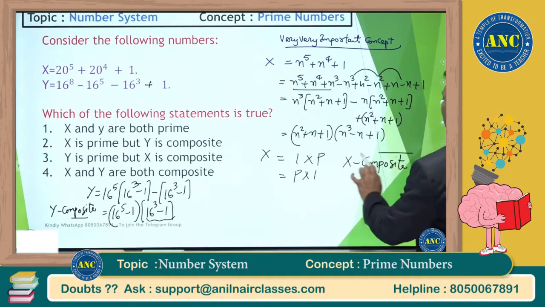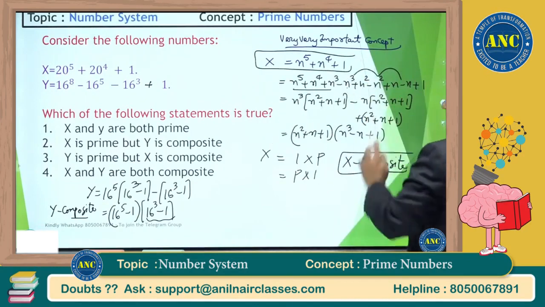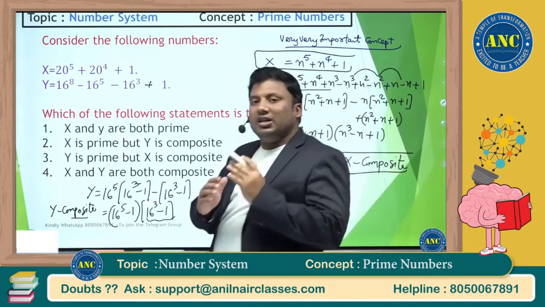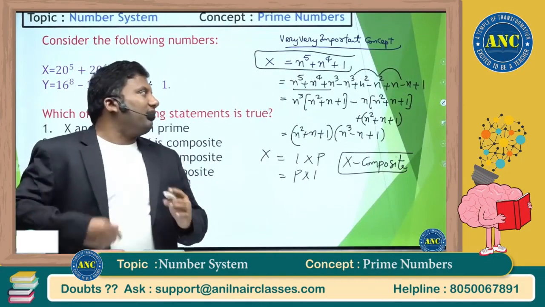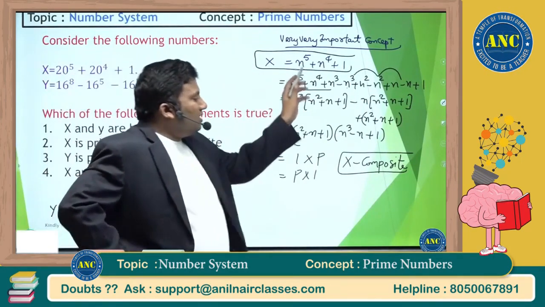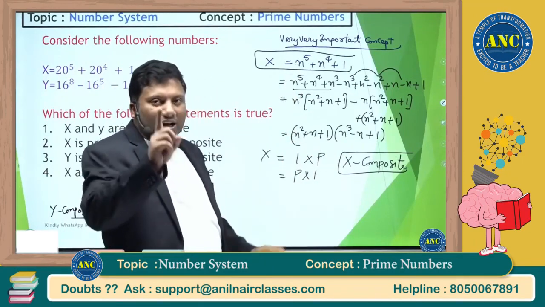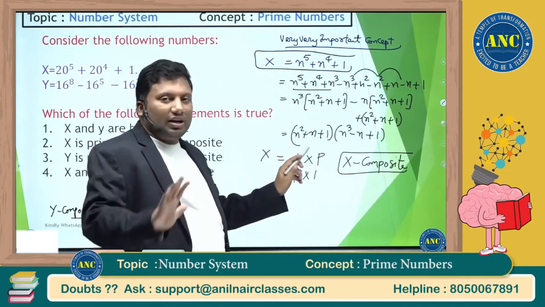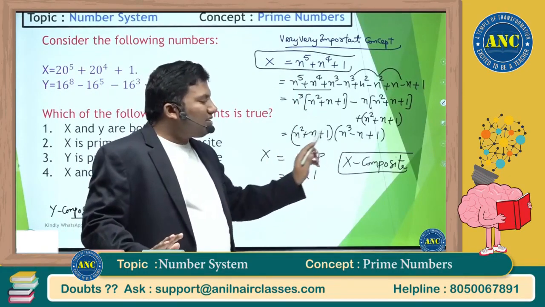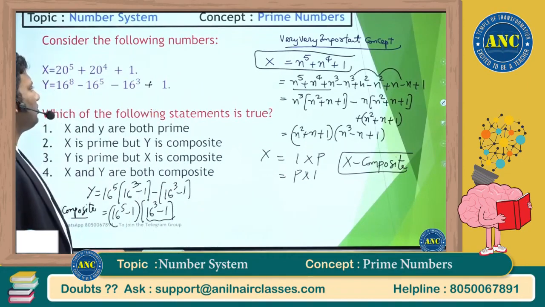If there is a number of the form n power 5 plus n power 4 plus 1, this is a composite number. Why? Because if it is a prime number, one factor should be 1. There is no 1; there are some other factors. So therefore it becomes a composite number.